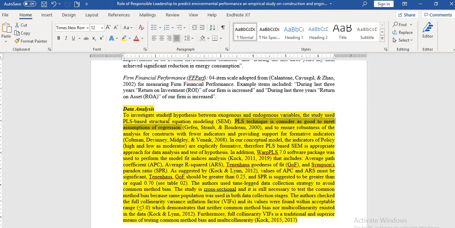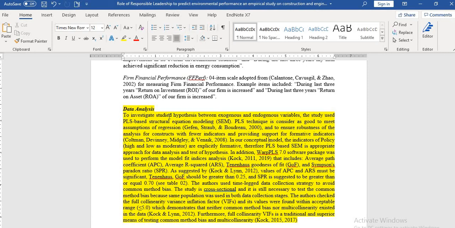This PLS is also accepted as a principle to meet the 4 or 5 or 6 assumptions of the regression, which are: there should be no autocollinearity, there should be homoscedasticity, there should be no heteroscedasticity, etc. So PLS technique is also considered good to meet the regression assumptions. All these matters are important to report here, to ensure the robustness of the analysis of constructs with reflective indicators and providing support for formative indicators.